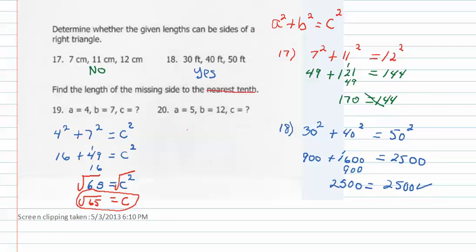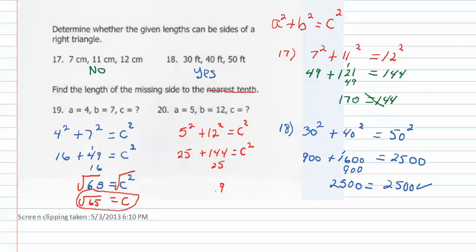Alright, number 20, last one. Using the same theorem, 5 squared plus 12 squared is equal to c squared. So 5 times 5 is 25. 12 times 12 is 144 is equal to c squared. Let's add 25 with 144.